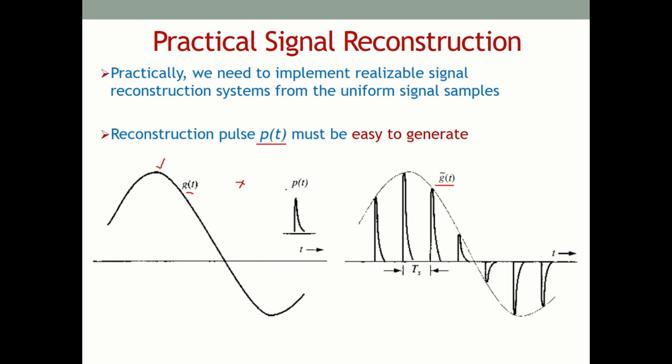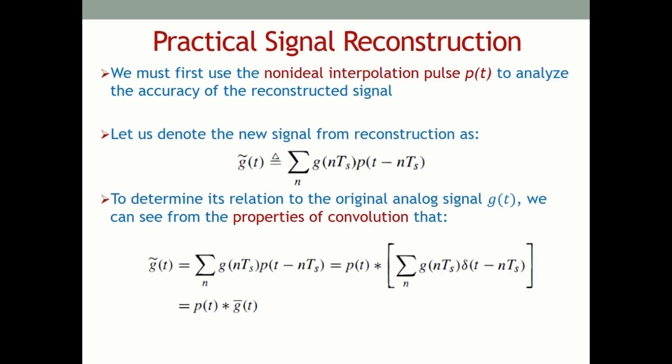In other words, a sort of modulation of these pulses p(t) is carried out, and we get the sampled signal in the form of g'(t). The dash on g is a bit curly, to differentiate it from the sampled signal that we got using impulse train sampling.